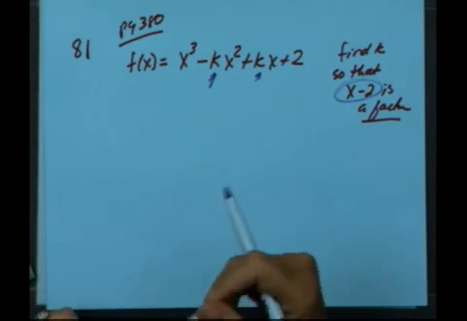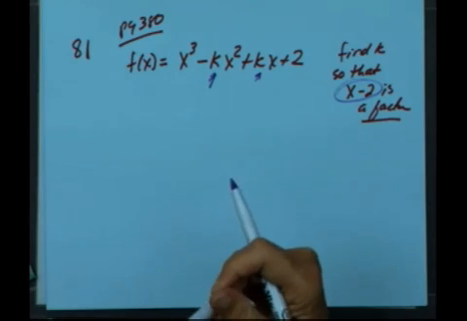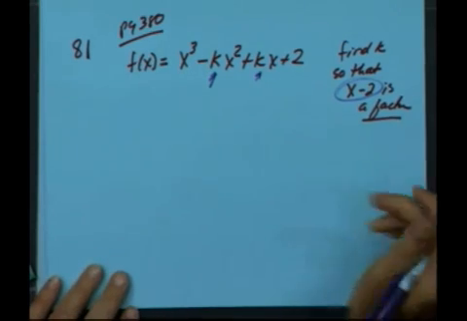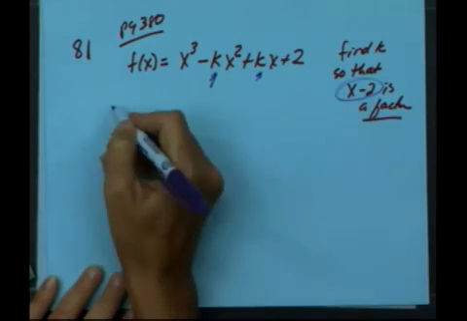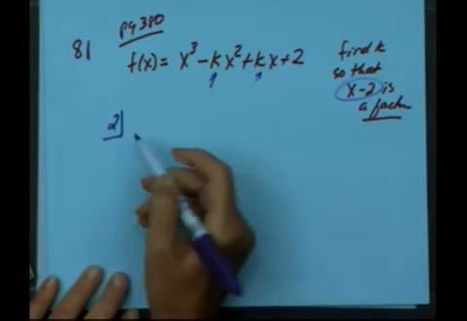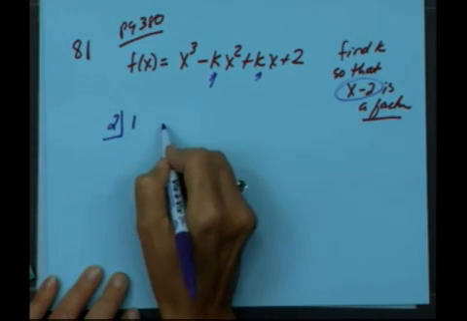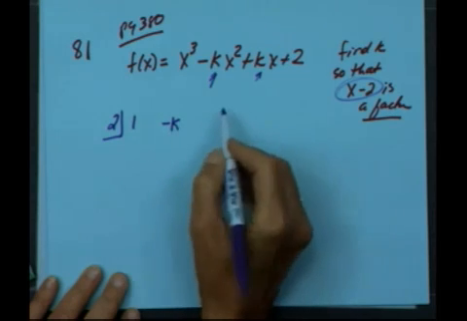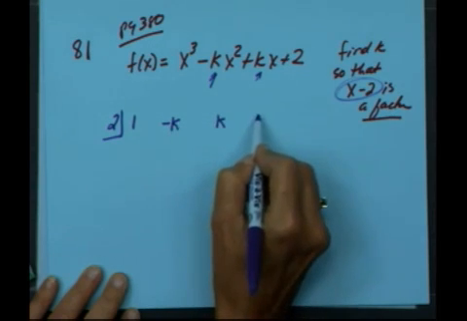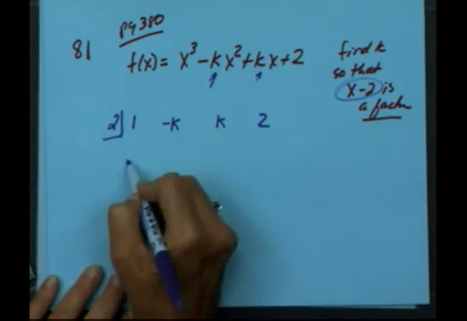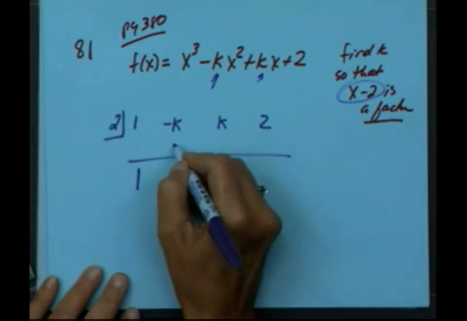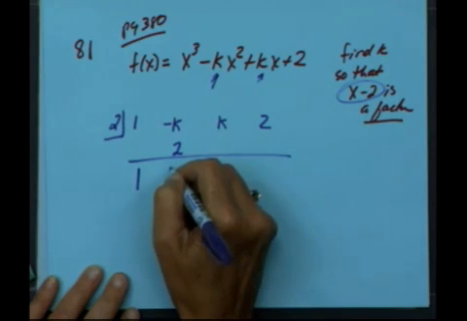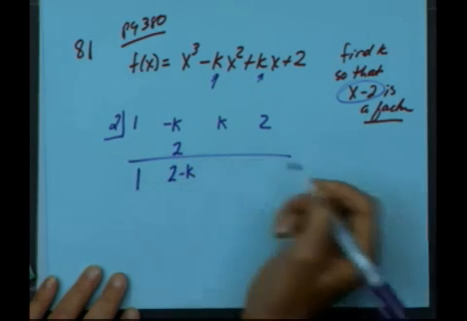What do you think you do? I would go with synthetic division, and what's your divisor here? 2. And let's see what happens. 1x cubed minus kx squared plus k plus 2. So 1 times 2 is 2, and that's going to give me 2 minus k.